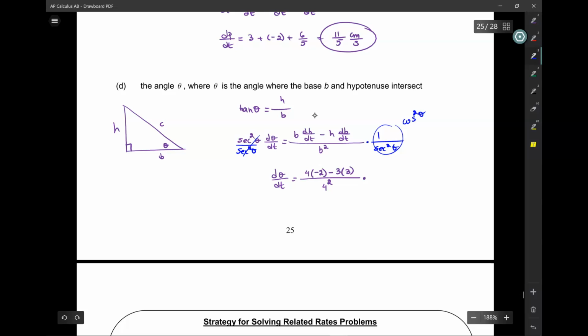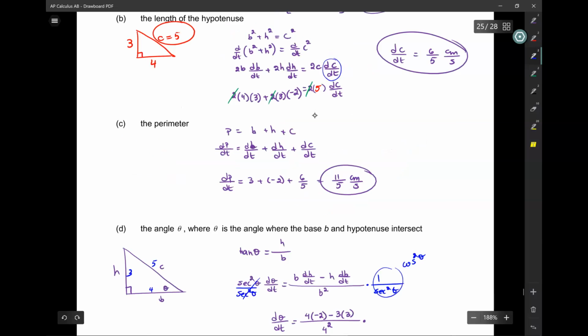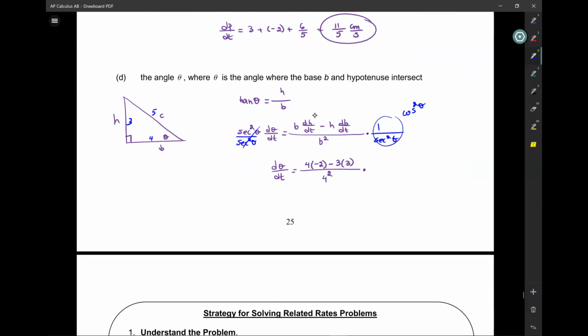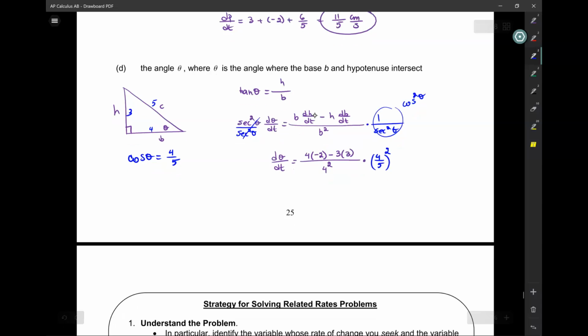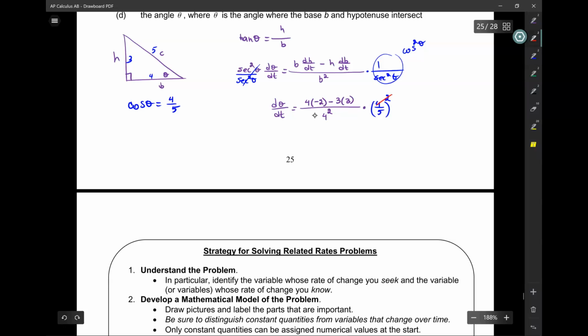What's the cosine of theta when b is 4 and h is 5? No, h is not 5. c is 5. Do you remember? This is a 3, 4, 5 triangle. So what's the cosine of theta? 4 over 5. So times 4/5 squared. Now check it out, 4 squared cancels with 4 squared. So I have negative 8 minus 9 is negative 17 over 25.